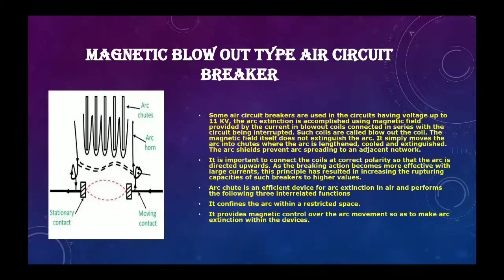Two, it provides magnetic control over the arc movement so as to make arc extension within the device. Three, it provides for the rapid cooling of arc gases to ensure arc extinction by deionization.